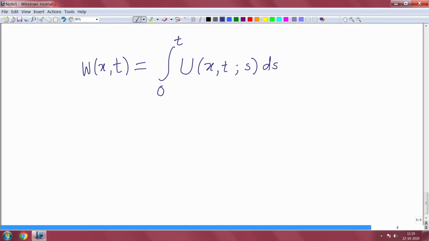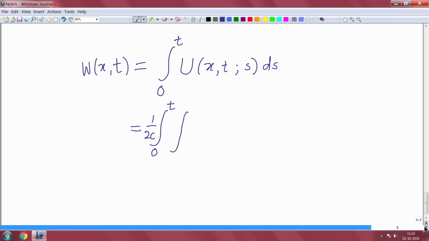So, using the formula for the capital U, we can write this as the integral from 0 to t, and u is 1 by 2c, that is a constant that comes out, and let me write what the formula is.